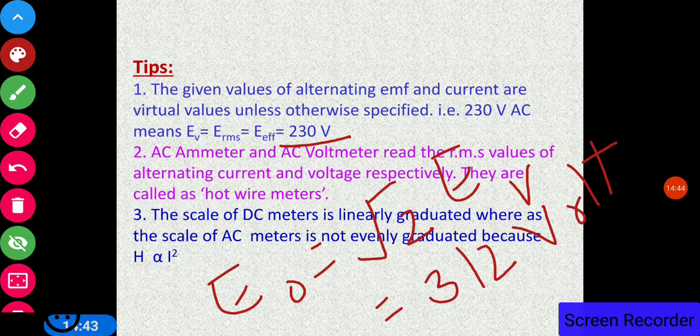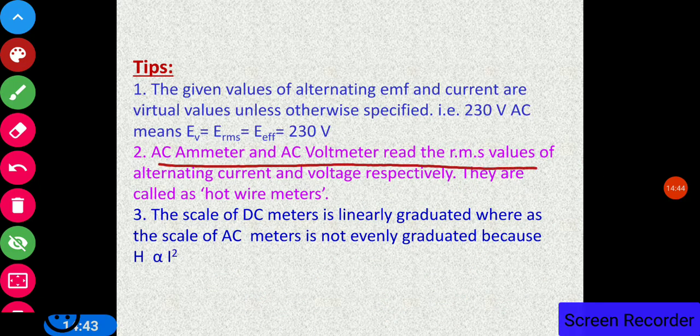So we can say that the peak value is more than the effective value. The RMS value is only 230 volt, and the peak voltage is 312 volt, which means it is much higher than the value which is coming to your houses.